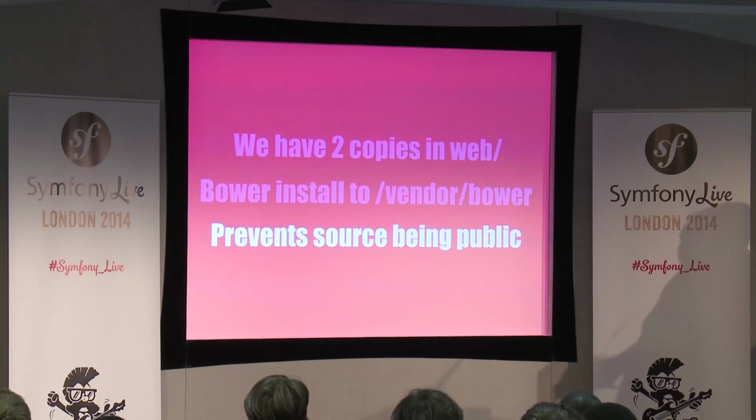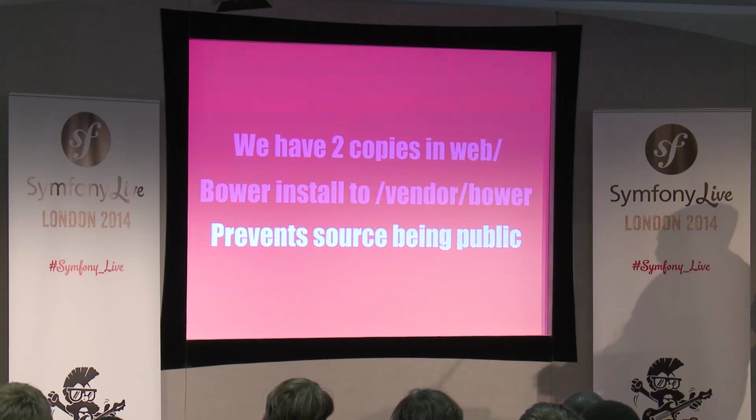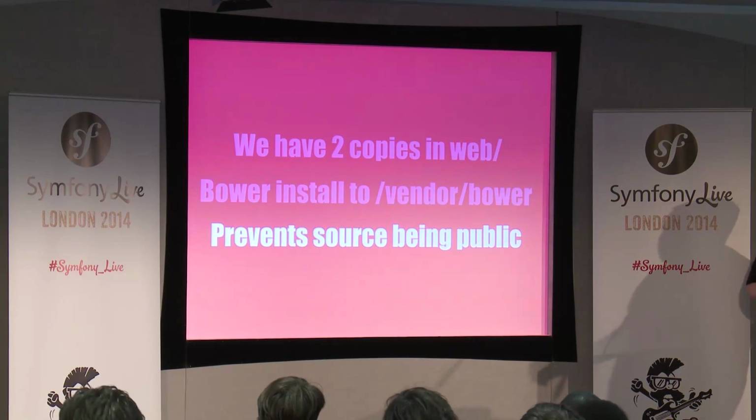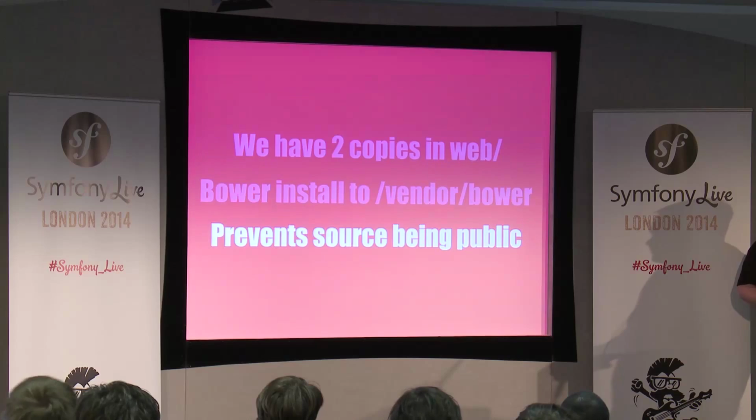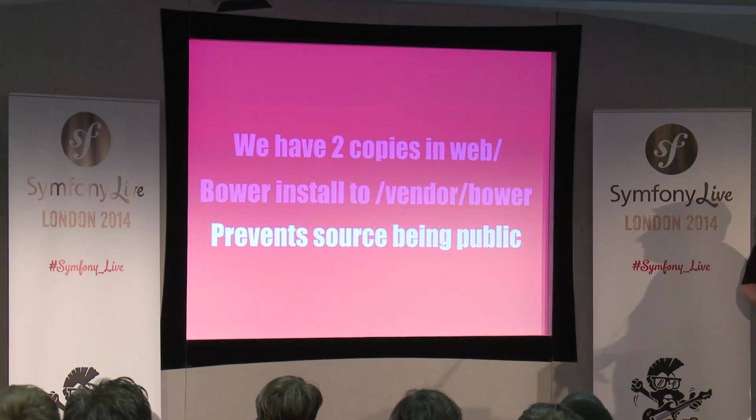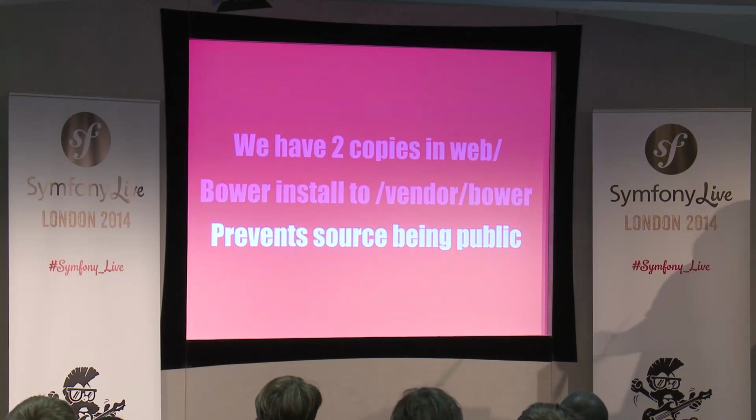And it prevents your source files from being public. So none of the files that you're actually pulling in as dependencies are now public. You can't access them on your web server because they're in the vendor directory. You can still compile into the web directory, obviously, so that you can access it.